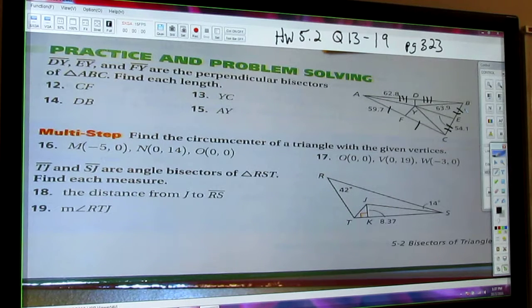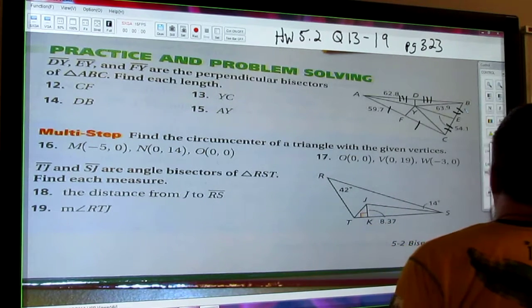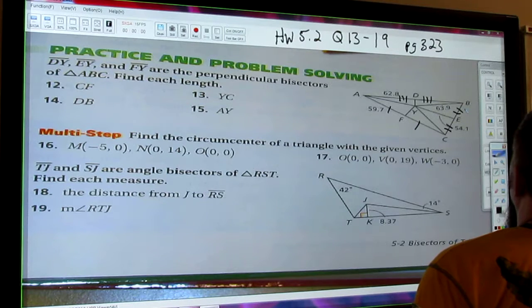Now, in addition to this, I know that these are right angles, right? Because they're right angles, okay? What else do I know?